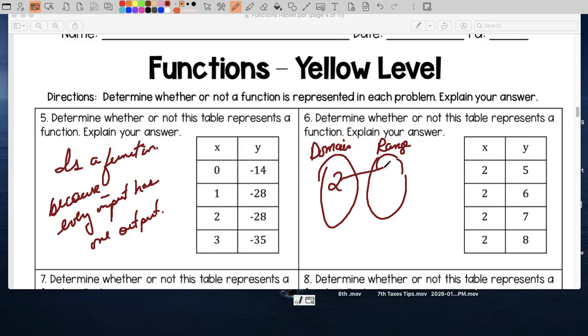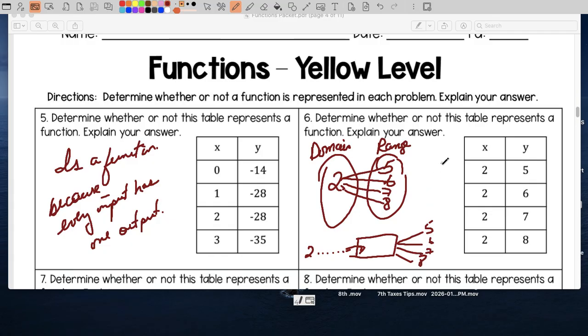The problem is the 2 partners up with 5, partners up with 6, partners up with 7, partners up with 8. In other words, the 2 has 4 different outputs. Right, so imagine there's a machine here. As the 2 is going along in here and enters, it comes out with 4 different outputs: 5, 6, 7, and 8.